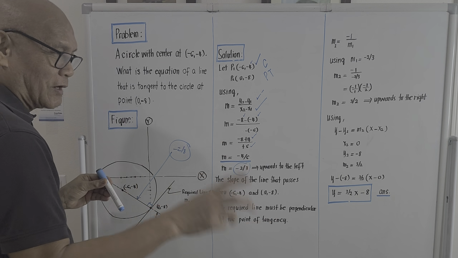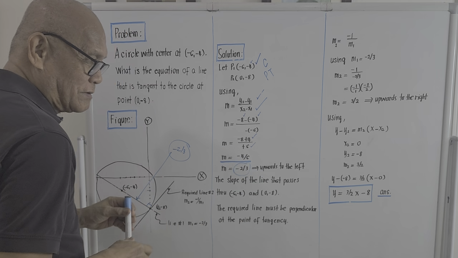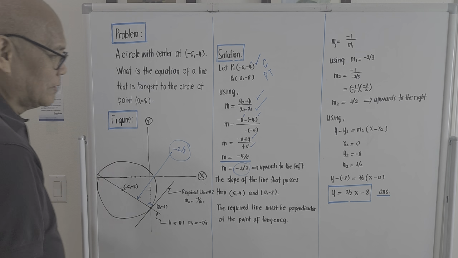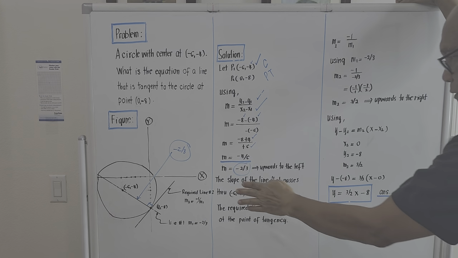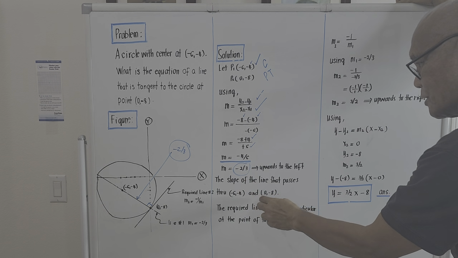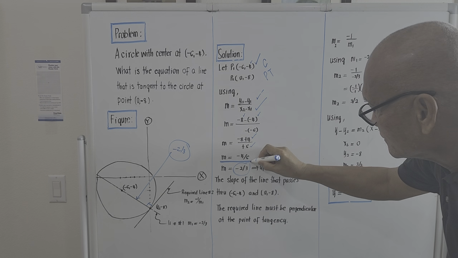So it should be an angle greater than 90 degrees. Slope upwards to the left, right? This is upwards to the left. Okay? There is an annotation here. The slope of the line that passes through -6 and -4 and 0 and -8 is actually -2/3, right?